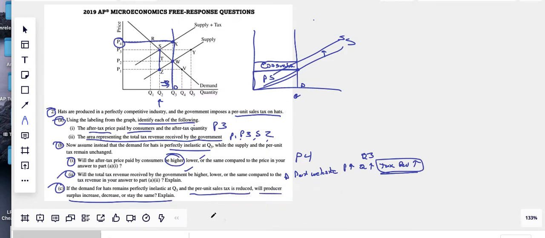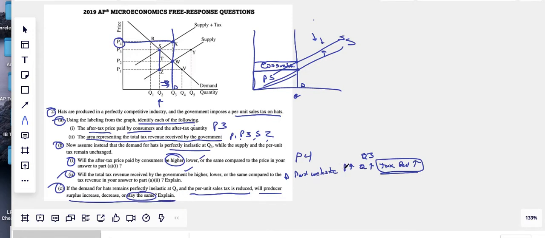So let's see if I can explain that. If the demand for hats remains perfectly inelastic and the per unit sales tax is reduced, we saw it being reduced and reduced. The only thing that decreased was the amount of tax that the consumer pays. The price went down, obviously, but the amount of consumer tax would decrease. Will producer surplus increase or stay the same? We'd say it stays the same.